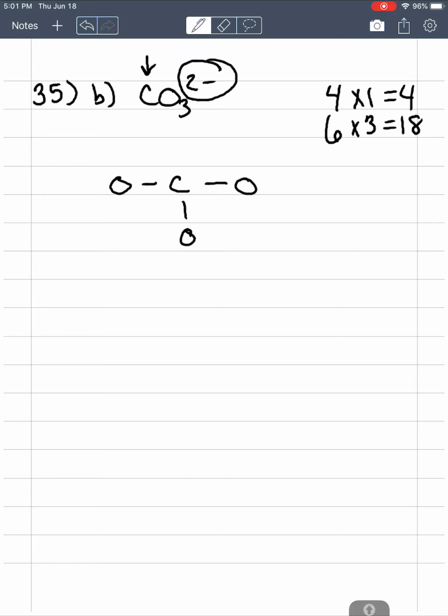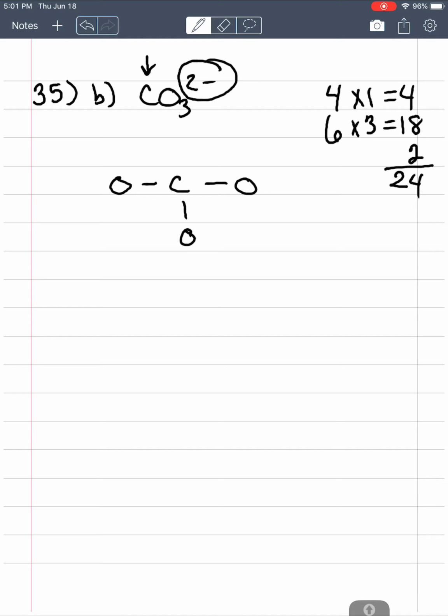And then if you look here, we've got a 2- charge, so we're going to add 2 electrons to it. So that's 4. 18 and 2 is 20. 20 plus 4 is 24. All right.